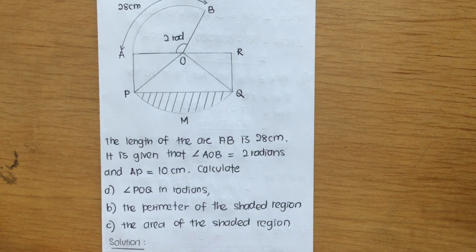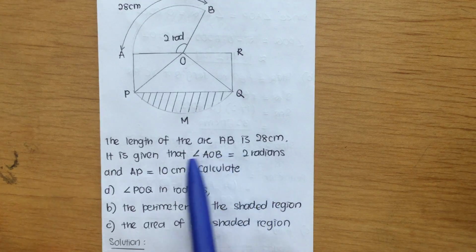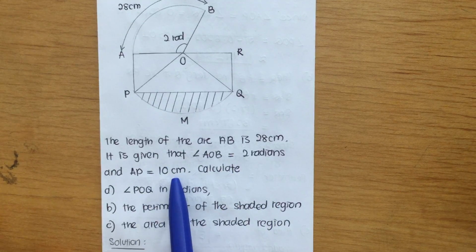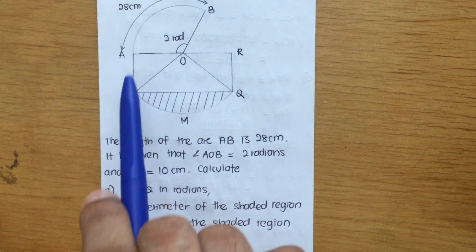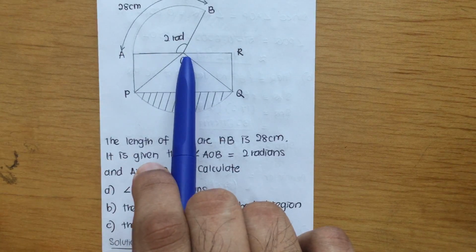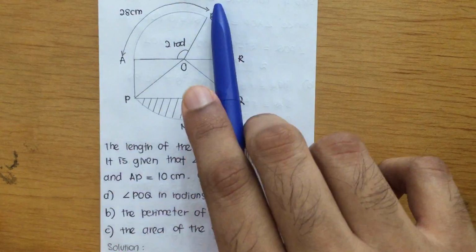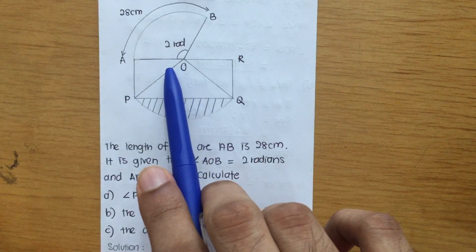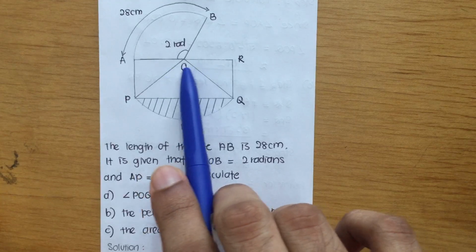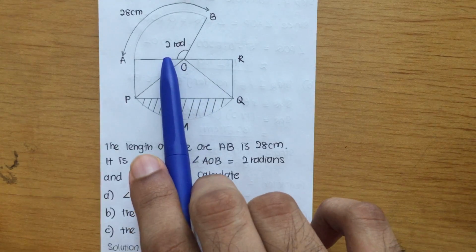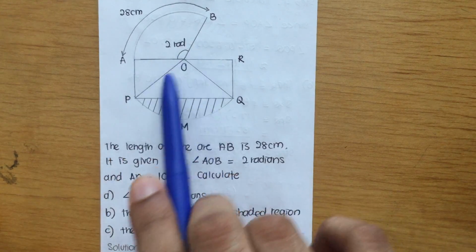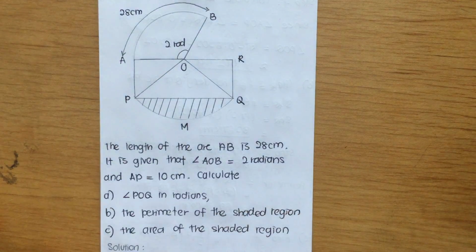Because in the question they've already mentioned that AP is 10 cm. So we already know this length. And the length AO we already found out is 14 cm, which is the radius of the sector AOB guys. So in order to find the angle of the sector POQ, first we need to find the angle AOP guys. Okay.